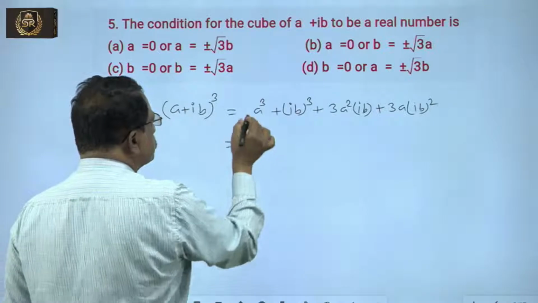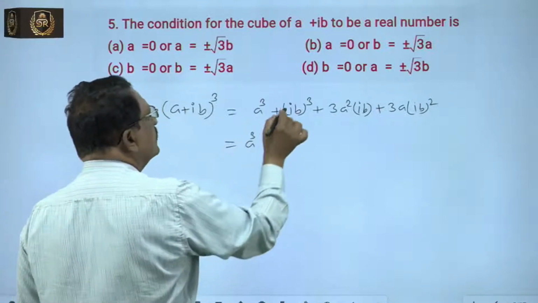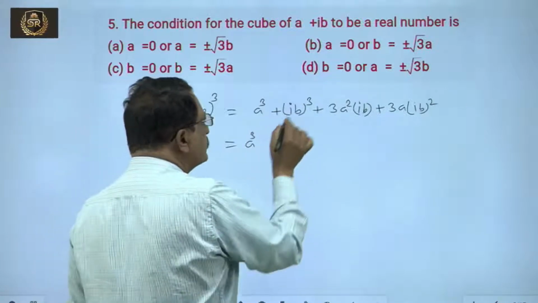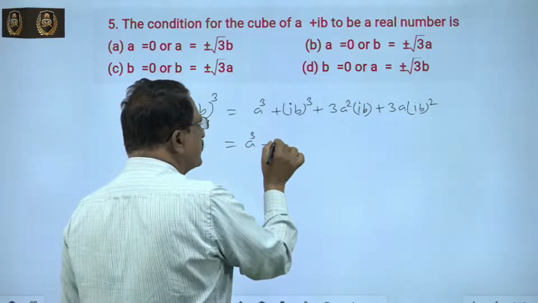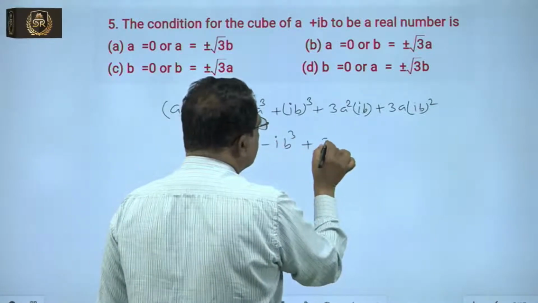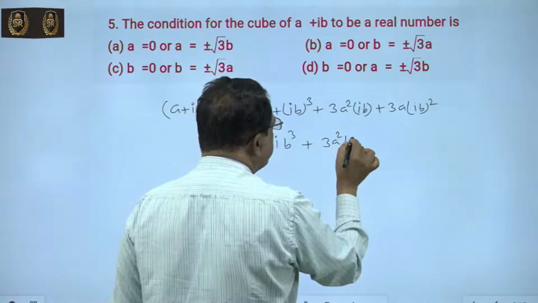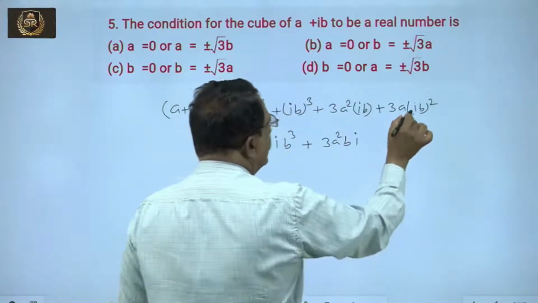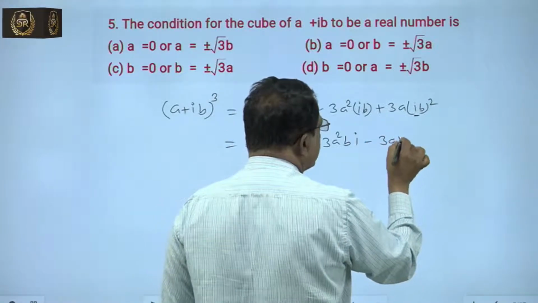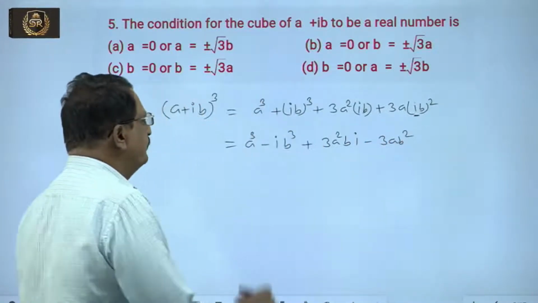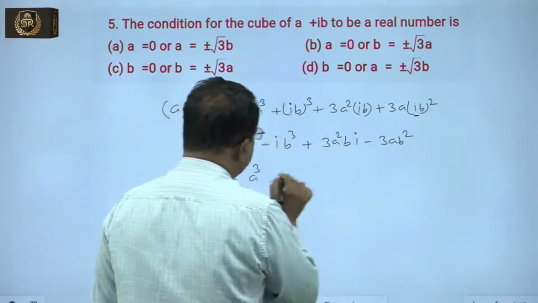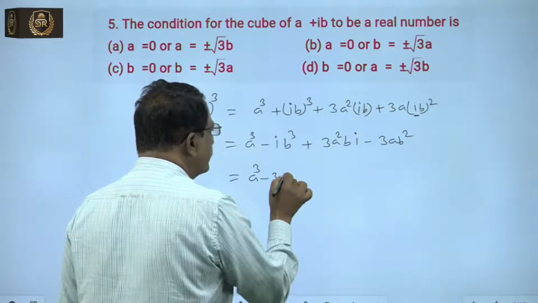That equals a cube. Here (ib) whole cube equals i cube b cube, but i cube equals minus i, so minus i b cube plus 3a square bi. i square equals minus 1, so minus 3a b square. Now that equals a cube minus 3a b square.